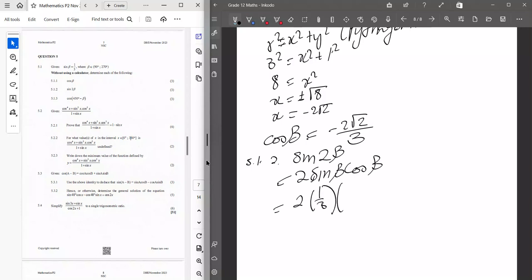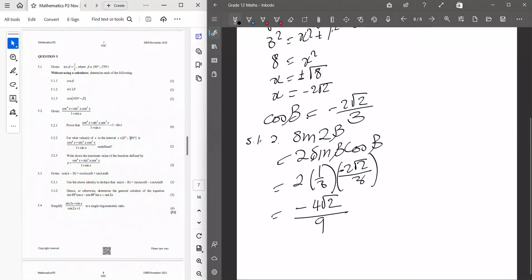And what is the value of cos beta? We just calculated it. It is negative 2 root 2 over 3. So what is our answer? It will be negative 4 root 2 over 9. Okay, so this is our answer.